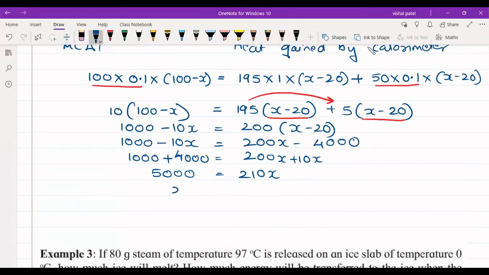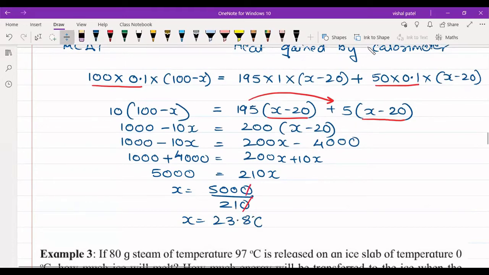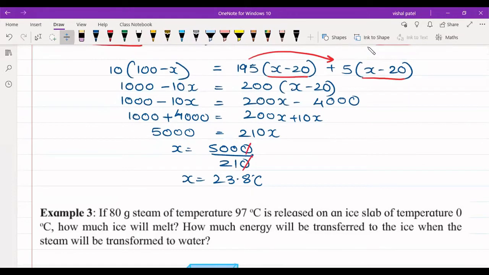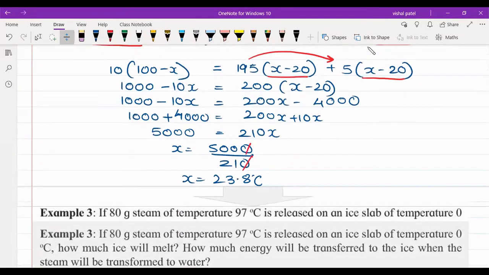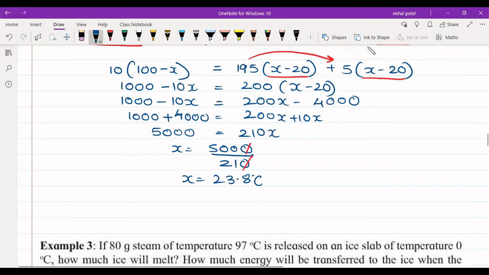So what I get, x equals 5000 upon 210, 0 0 cancel. What I get is x equals 23.8 degrees Celsius. What does this mean, students? That the final temperature of the mixture, or you can say the final temperature of the water, or the final temperature of the sphere, is 23.8 degrees Celsius. Okay, final answer.